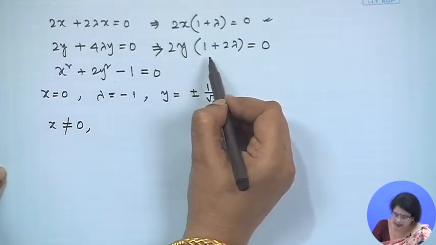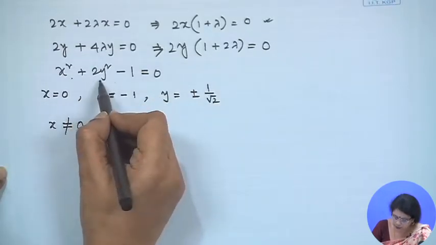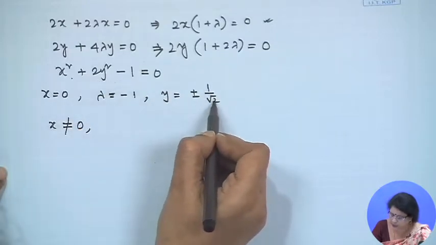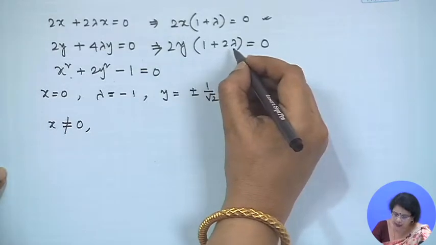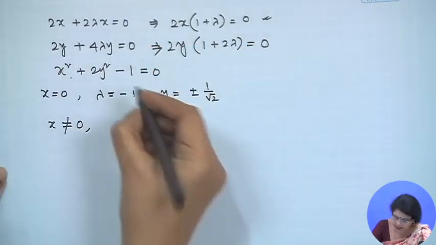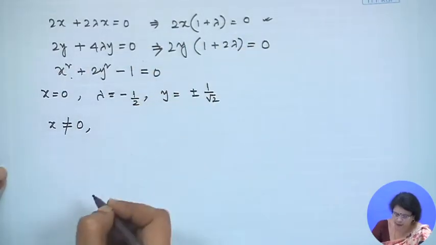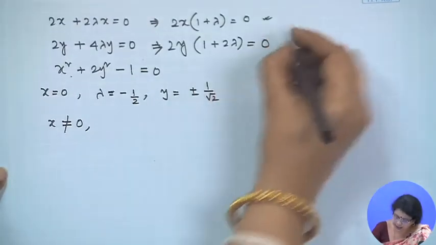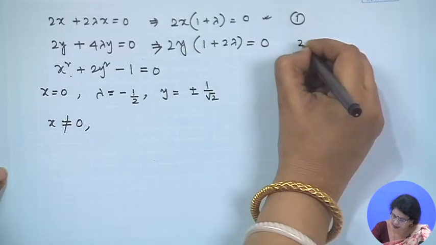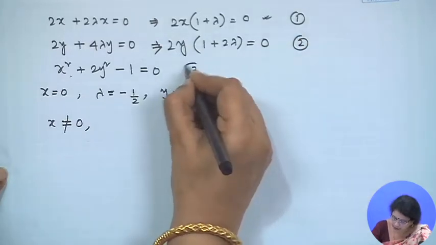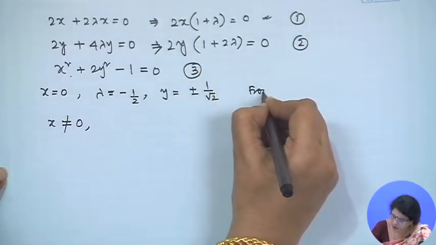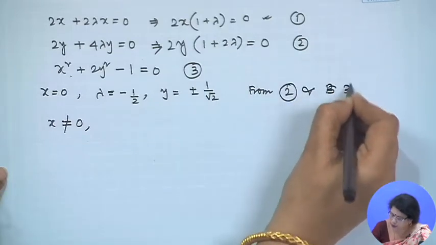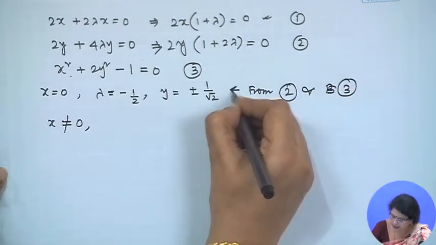From here we are getting the value for y is equal to plus minus 1 by root 2, and from here we are getting the value for lambda as minus half. Okay, lambda is equal to minus half. This we are getting if we just consider equations 2 and 3.